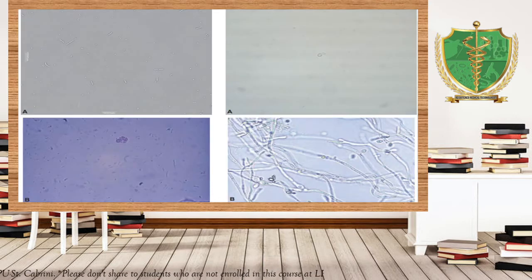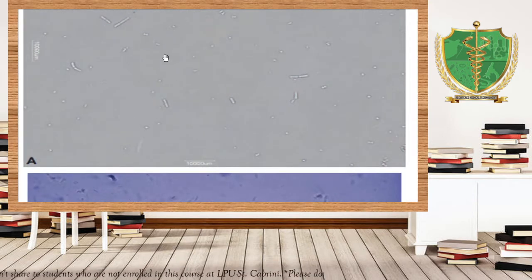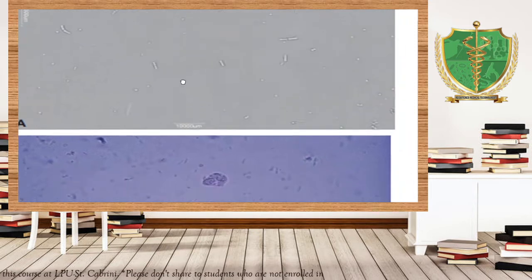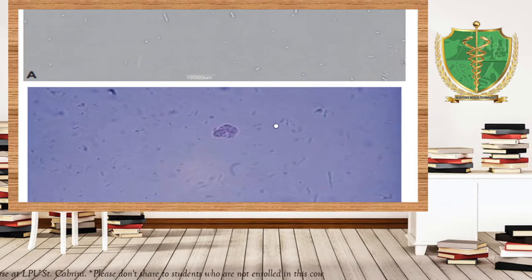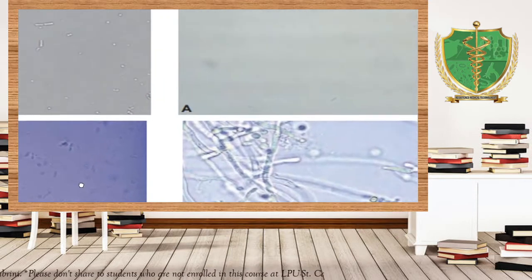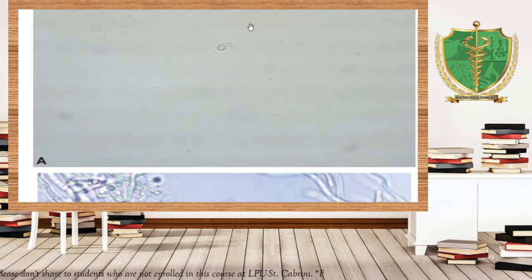Okay, so I don't know if this is visible in your screen, but I hope this is. Okay, so ayan, pinalaki ko naman. Okay, so these are an example of bacilli that can be seen in the urine. Okay, bacilli yan. Okay? Oh yeah, this is cocci. This one, a cocci microorganism. This one is a yeast, a budding yeast, no?